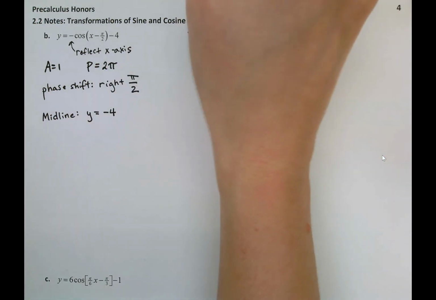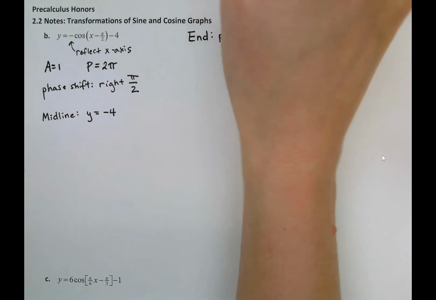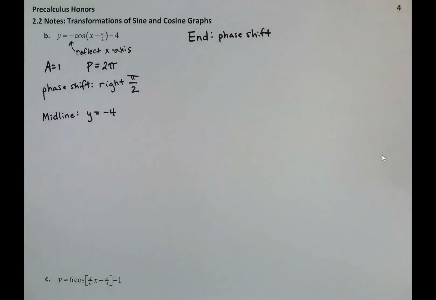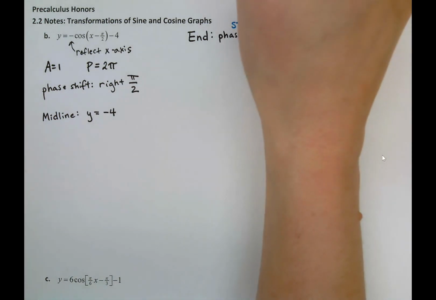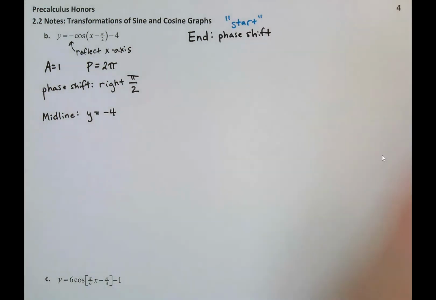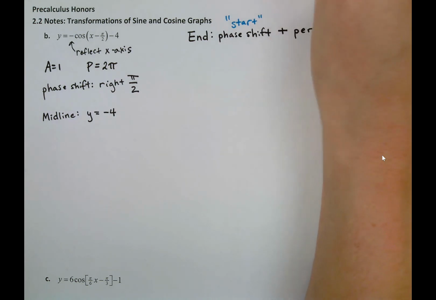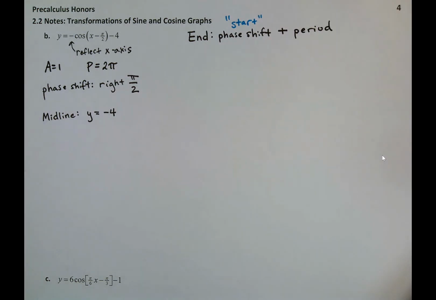My phase shift is like my starting point. When you see phase shift, I want you to think of that as your starting point. If you have no phase shift, you're starting at 0. So I'm going to end at my phase shift plus my period. We've already done that, right? Because if we started at 0 and added my period, then I ended at just my period.